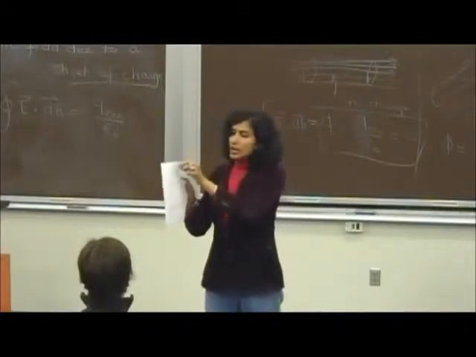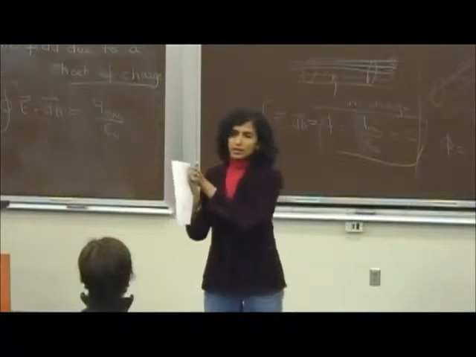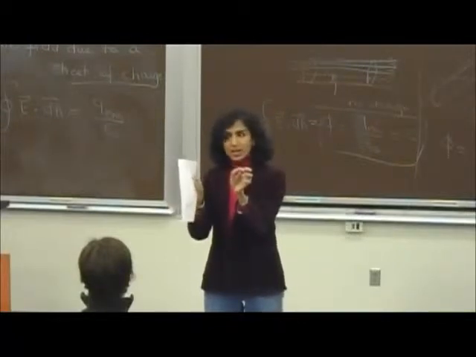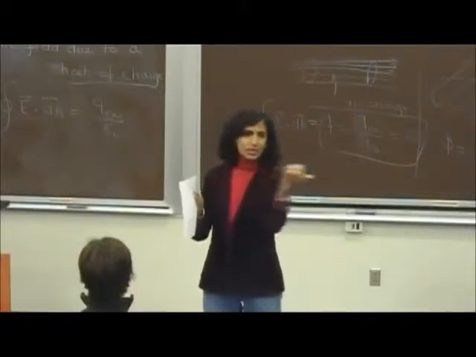Similarly, you can think about some charge dQ here and some point charge dQ here such that their contributions at this point where I'm interested will again be such that this component cancels out and this component adds up.